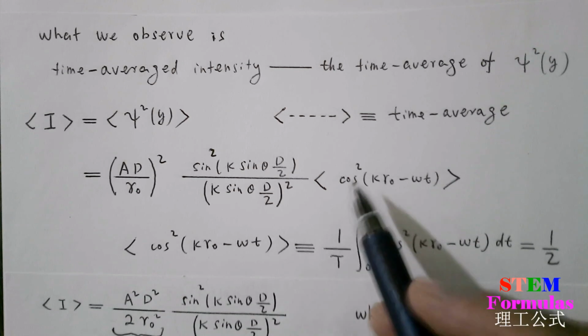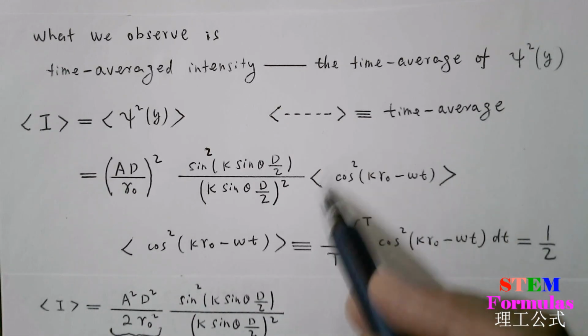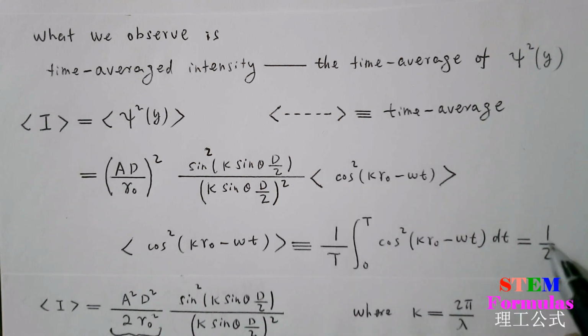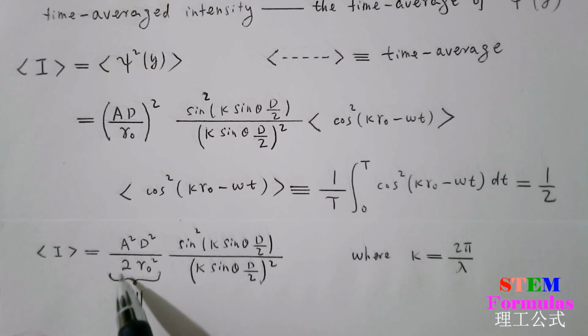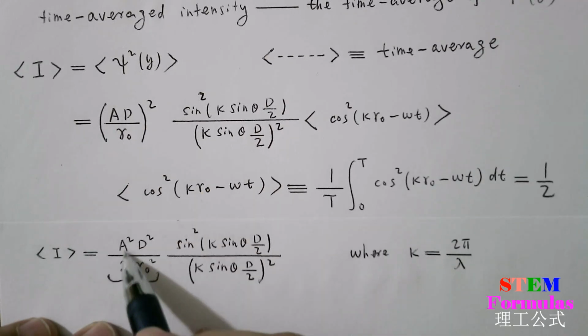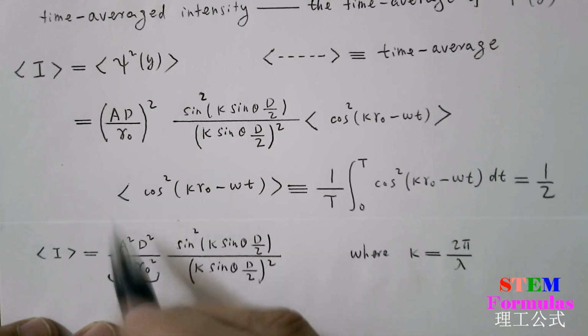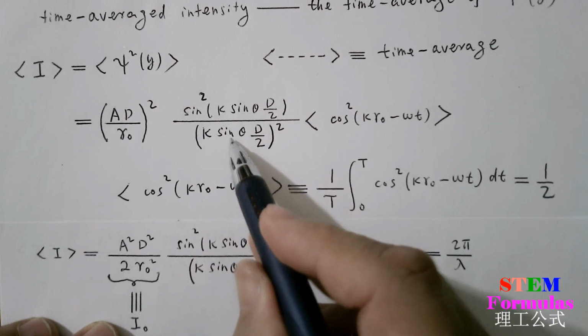Therefore this term gives only 1/2, so I put 1/2 here. So a squared, d squared, r0 squared, and I have 2 here. This term remains here.